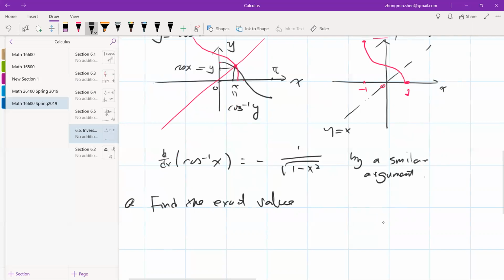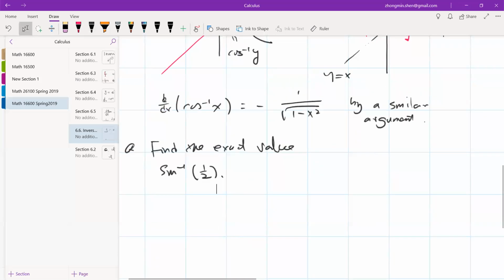So this is a... okay. From the graph, right? So you're looking for the value, if this is theta, right?